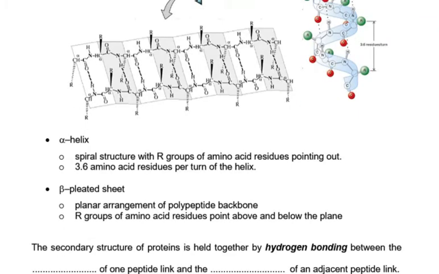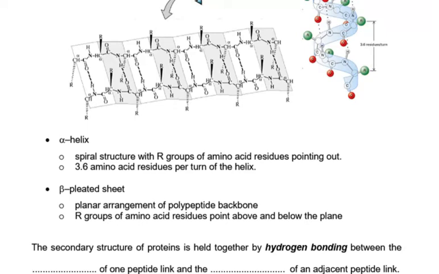In the beta pleated sheet, you have a flat polypeptide backbone, and that folds back on itself, and you have another strand of polypeptide running parallel to the first one, and you get hydrogen bonds between the CO, C double bond O group in one strand and the NH group in the other strand.